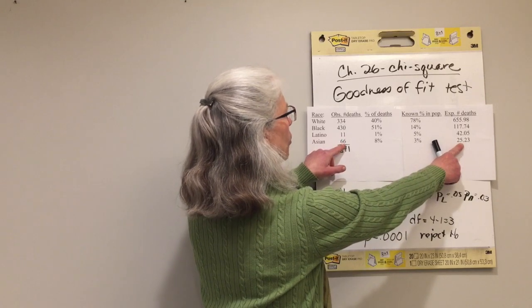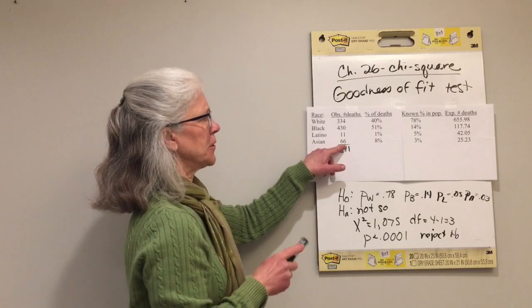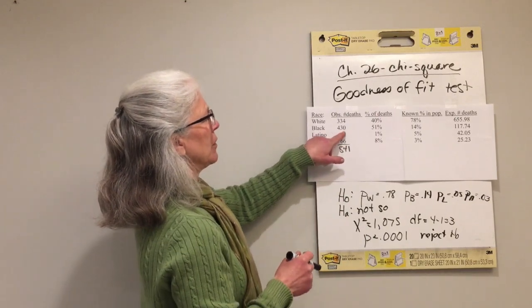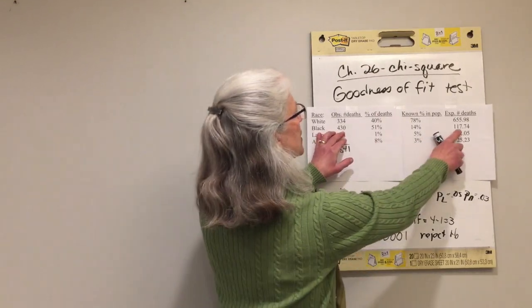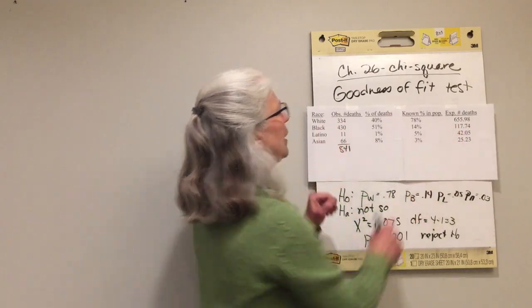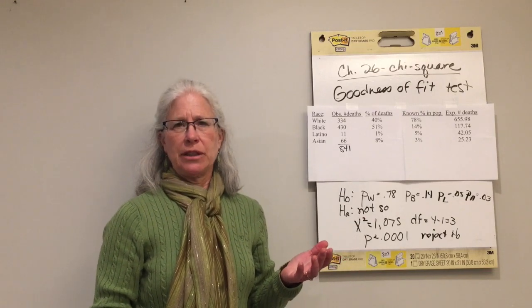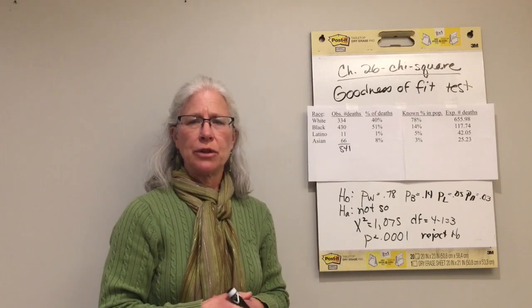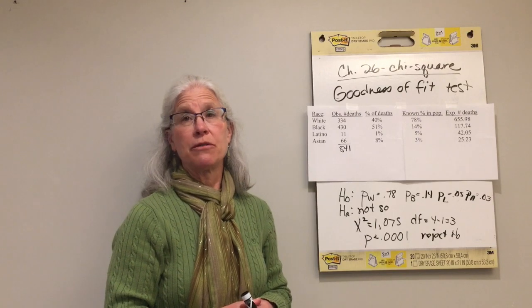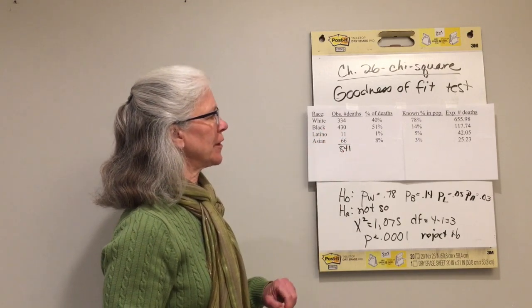And for Asians, there were more than expected. We expected 25 and saw 66. But the big glaring difference, of course, is this one. And this, of course, has caught the eye of the governor and people on the national level. And hopefully this will lead to improvements in various ways so that this doesn't continue.